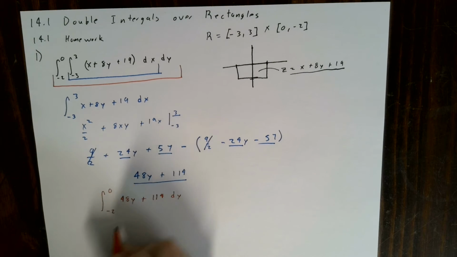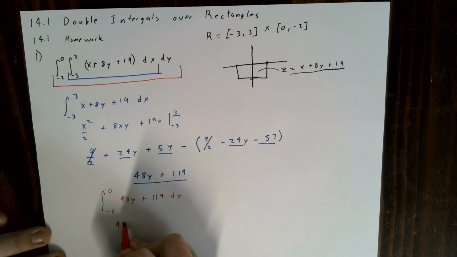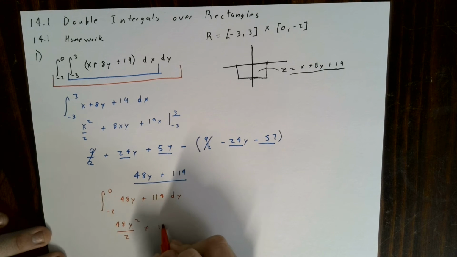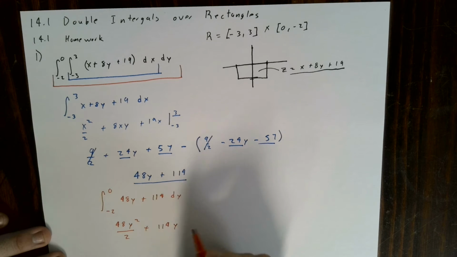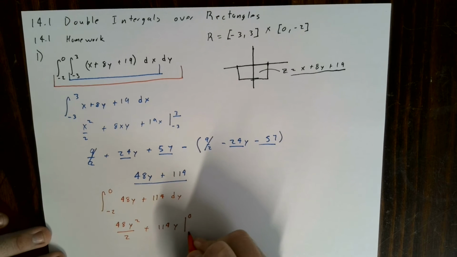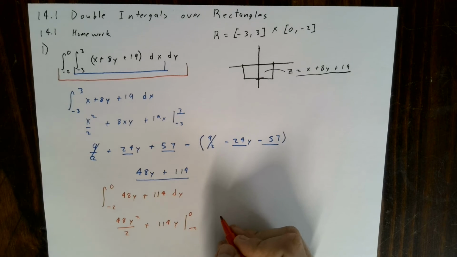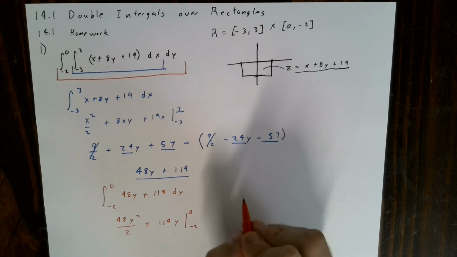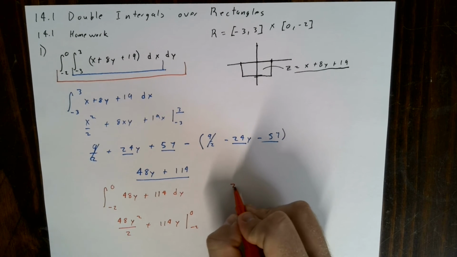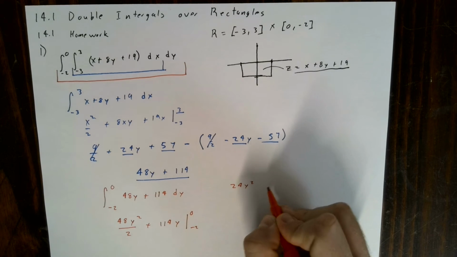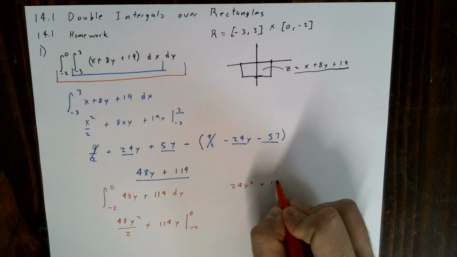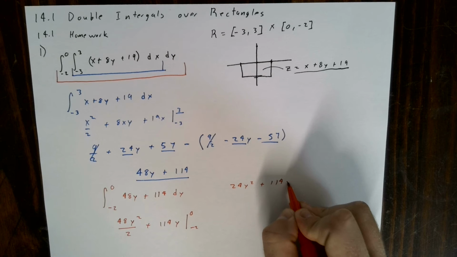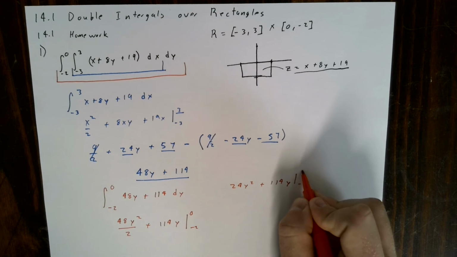From here we just get 48y squared over 2 plus 114y taken from 0 to -2. And this becomes 24. I'm going to work this right over here. 24y squared plus 114y taken from -2 to 0.